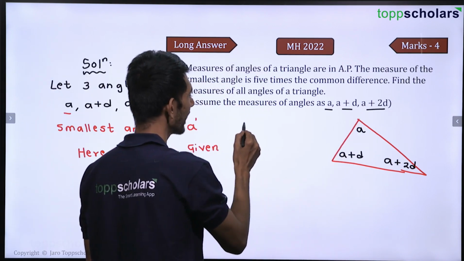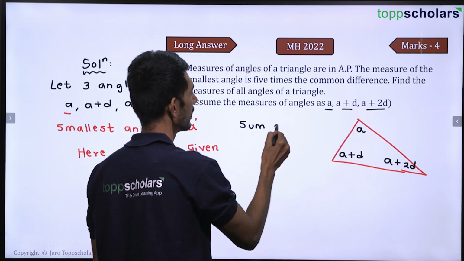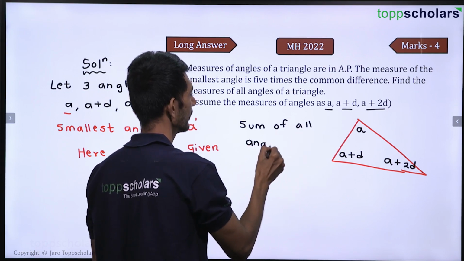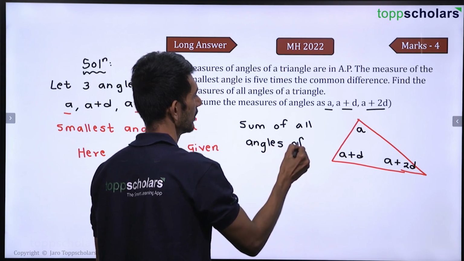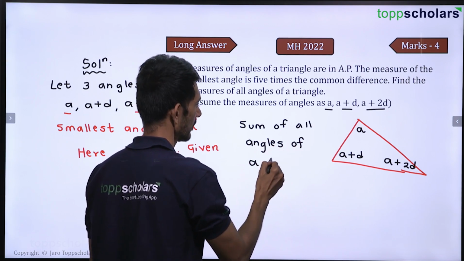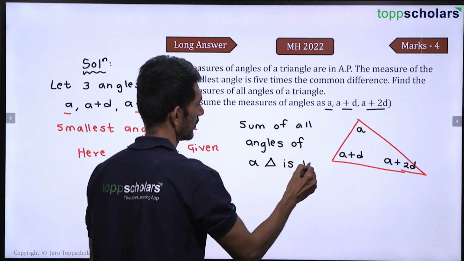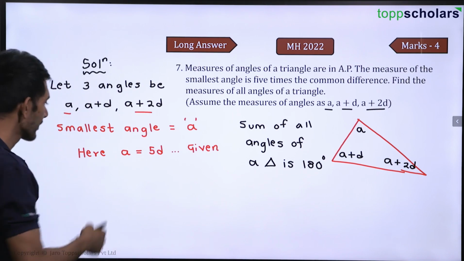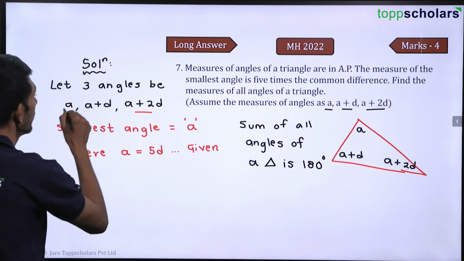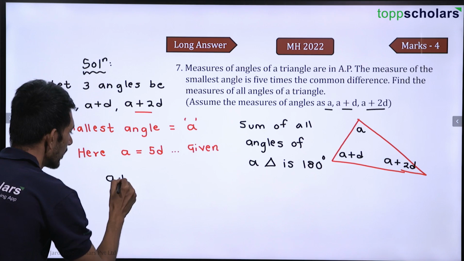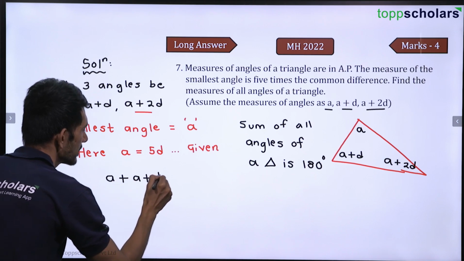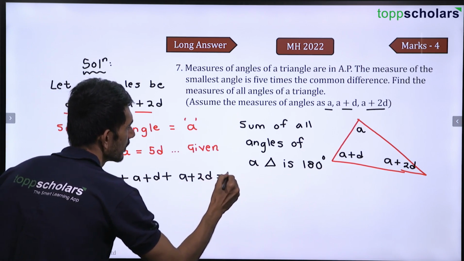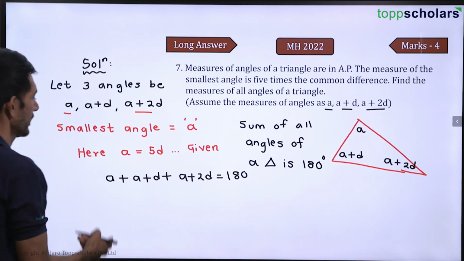But tell me one thing. What is the sum of all angles of a triangle? Isn't the sum of all angles of a triangle 180 degrees? So can I say A plus A plus D plus A plus 2D is equal to 180?